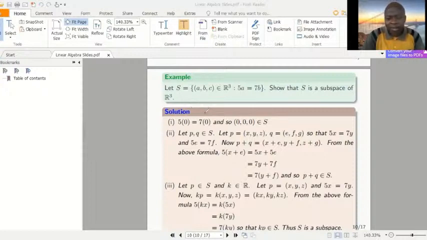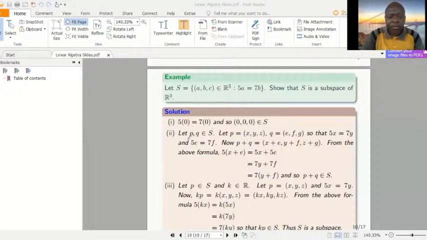That means that we do not use specific examples, but we go through the three properties. One, we show that it's non-empty, in other words, that it contains the zero vector. Two, we show that it's closed under addition. And three, we show that it's closed under scalar multiplication.